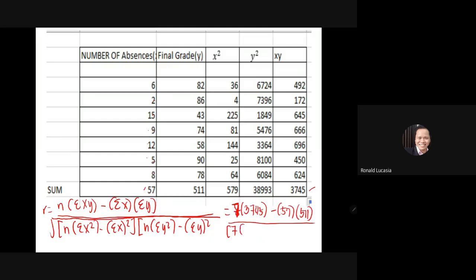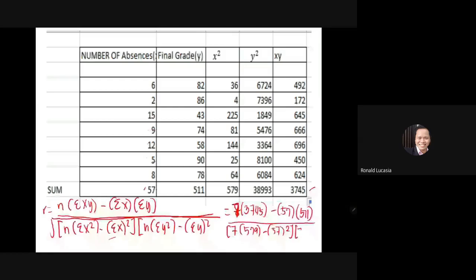Summation of x squared is 579 minus the summation of x is 57, but then squared. And then we have there 7.